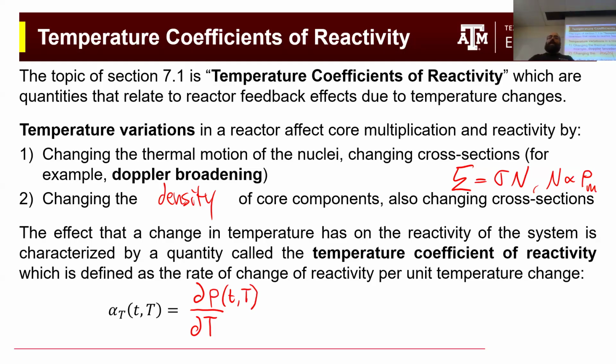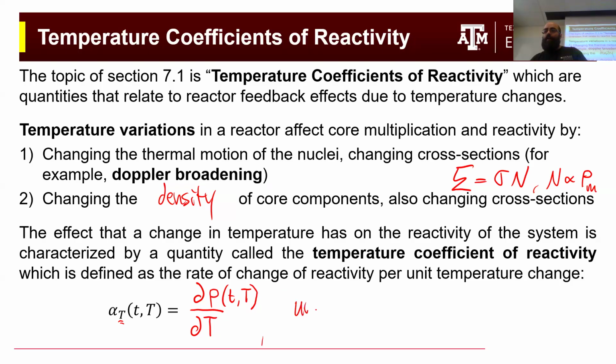By definition, a reactivity coefficient depends on what type of coefficient it is. This is a temperature coefficient, so it's the derivative of our reactivity with respect to the temperature. We could have other reactivity coefficients where it is always how the reactivity changes with respect to some other quantity of interest. Could be temperature, could be volume, could be void fraction, and we'll talk about those things.